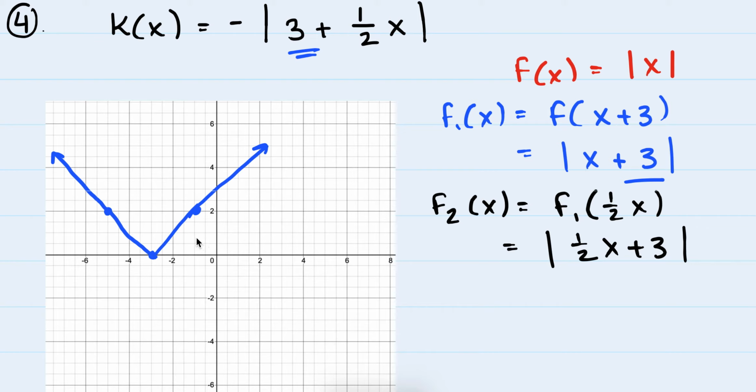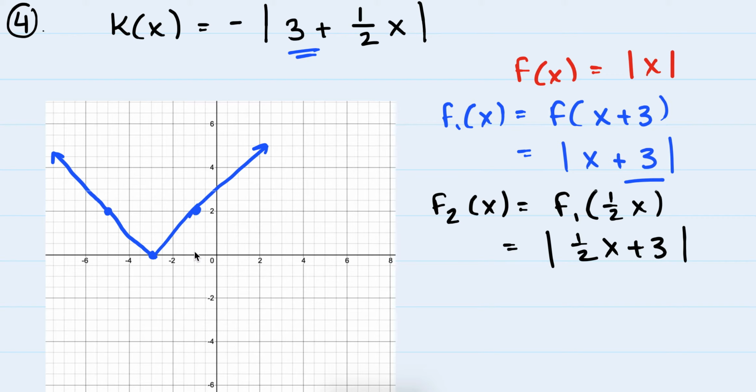Okay, so this could be difficult. Let's just see what happens. So you see how this y value is a 2. I want to get 2 here. So we're going to multiply our x values by 2.